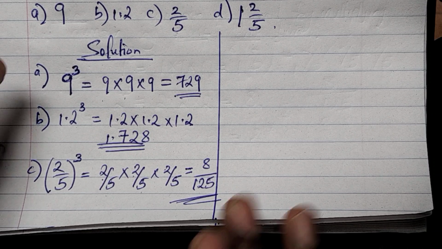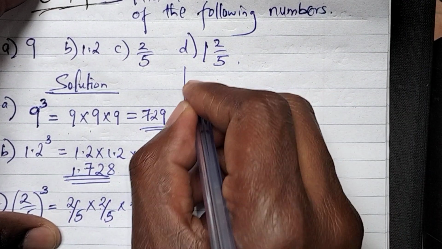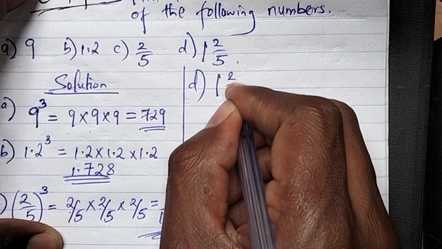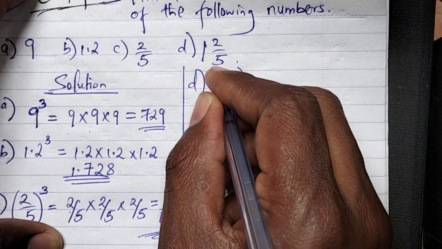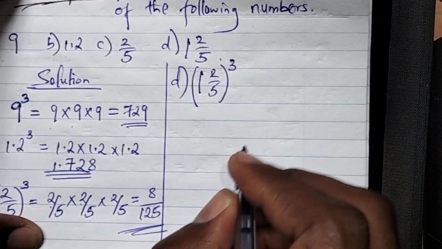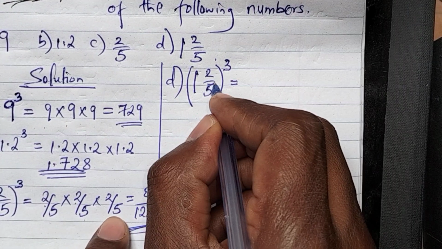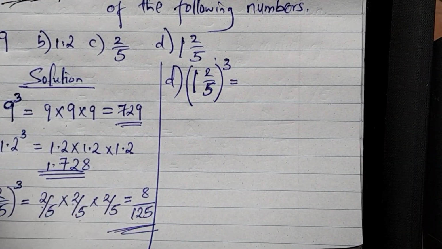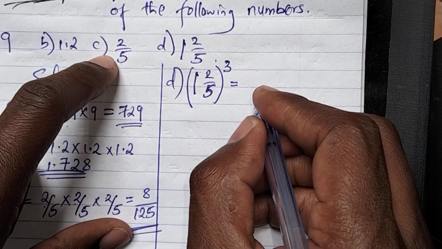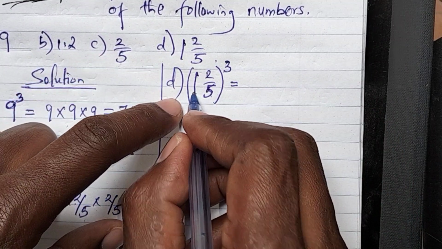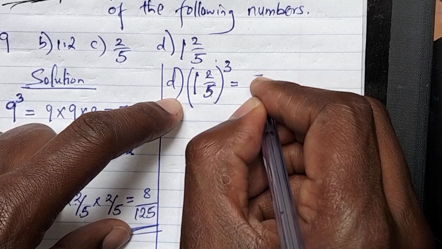Lastly, we have D, 1 and 2 over 5. Again, make good use of the brackets, cubed. I would advise that you first convert this mixed fraction into an improper fraction. 5 times 1 is 5, plus 2 is 7. So that is 7 over 5.